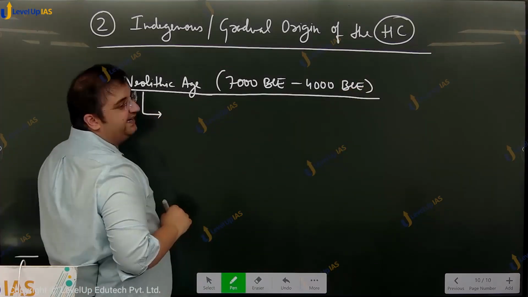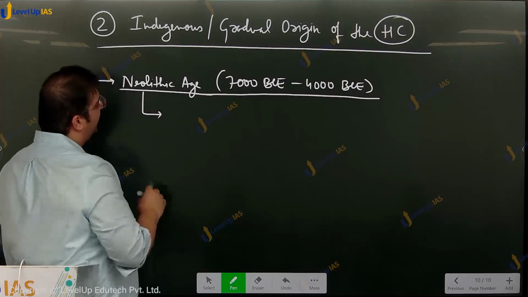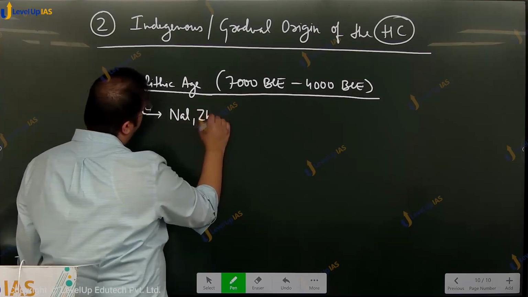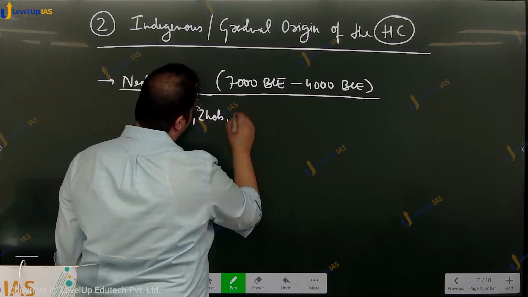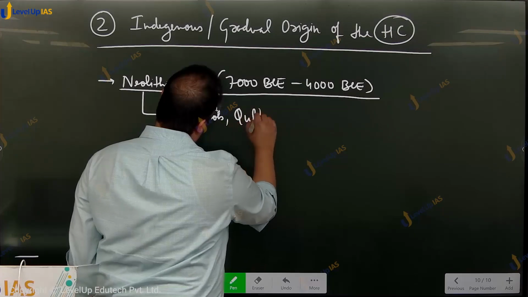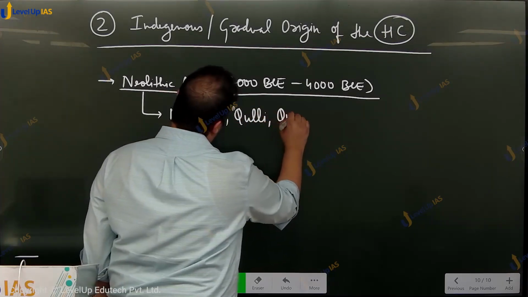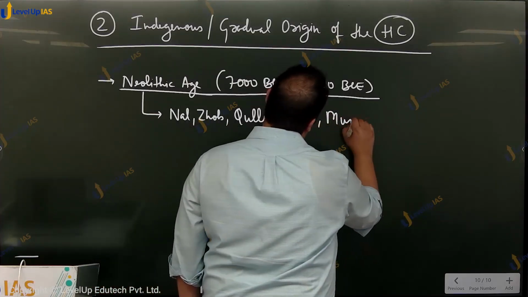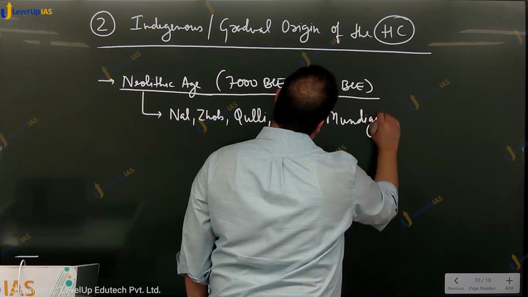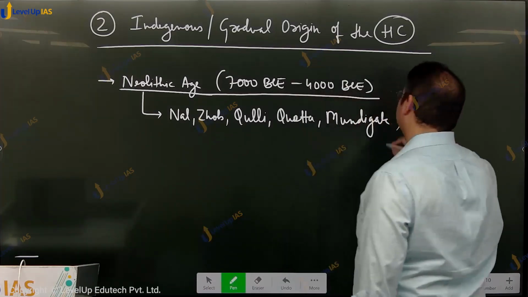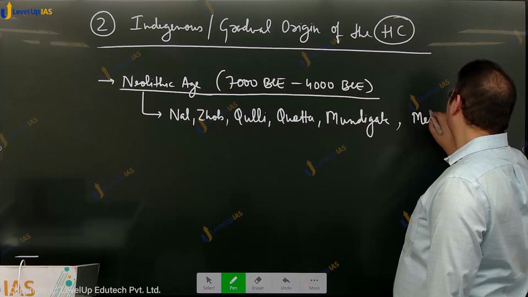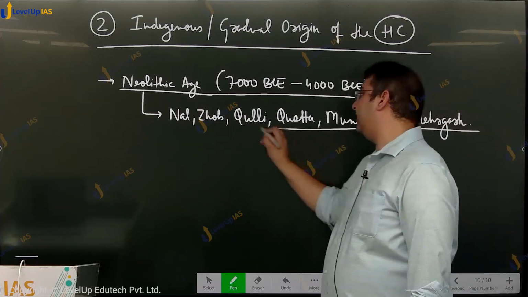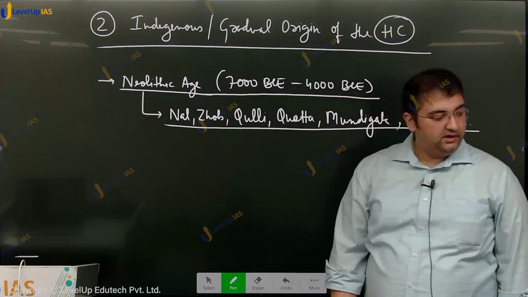The earliest sites where agriculture started included Nal, Zob, Kulli, Quetta, Mundigak, and Mehrgarh. ठीक है?